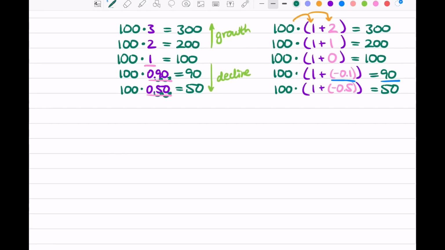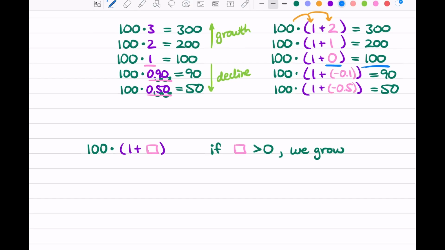So if we summarize this, if we have 100 and we multiply it by 1 plus some number in pink, if our number in pink is greater than 0, we grow. As we saw above, when our pink number was 0, there was no change, we stayed at 100.